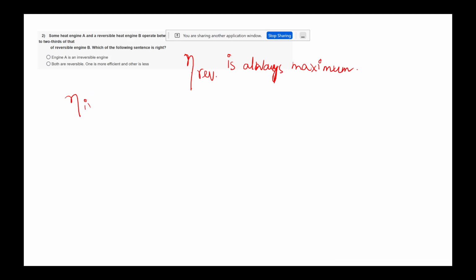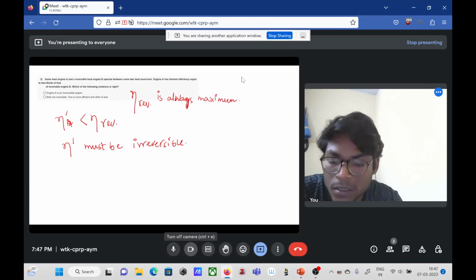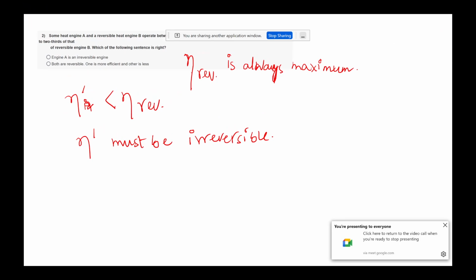Since eta prime is less than eta reversible, eta prime must be irreversible.